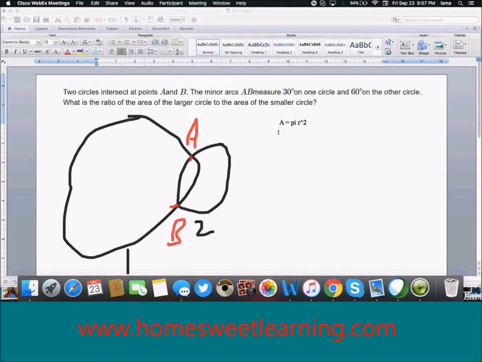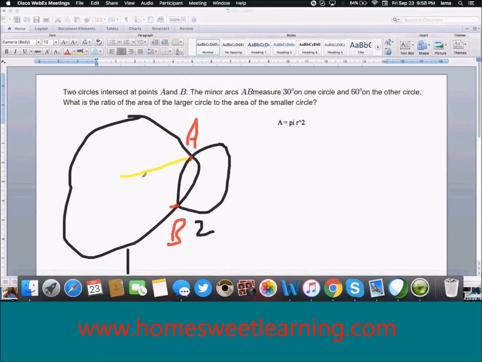So we're trying to figure out how we can compare these two. The only difference between the two areas, because pi doesn't change, pi is just a constant, is the two radii. Radius of circle 1, let's try yellow.